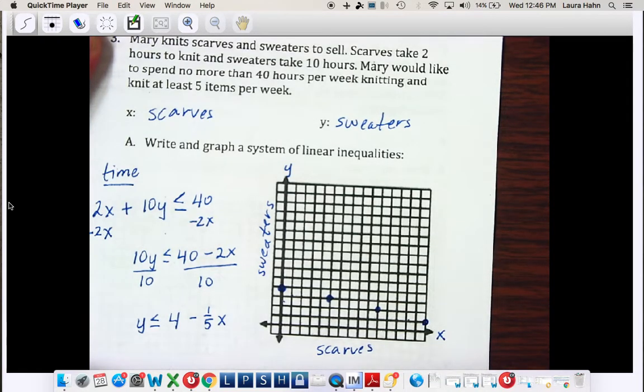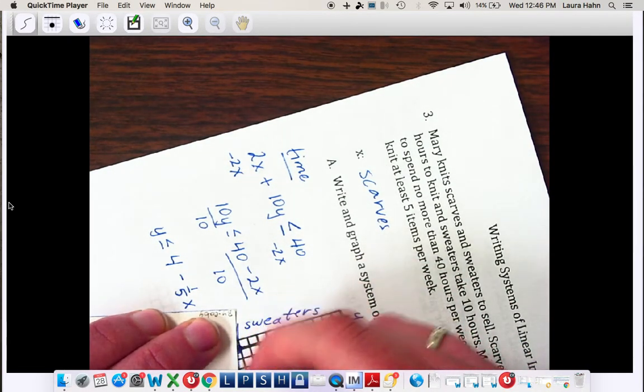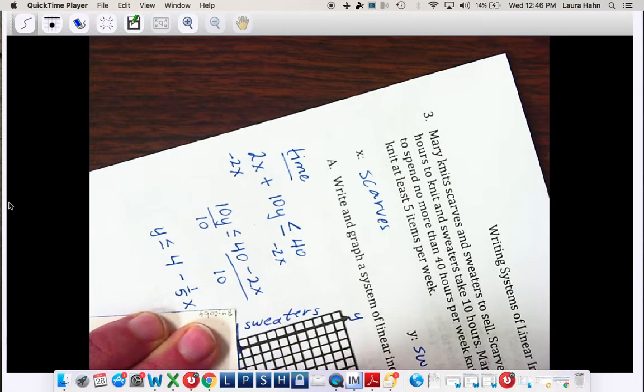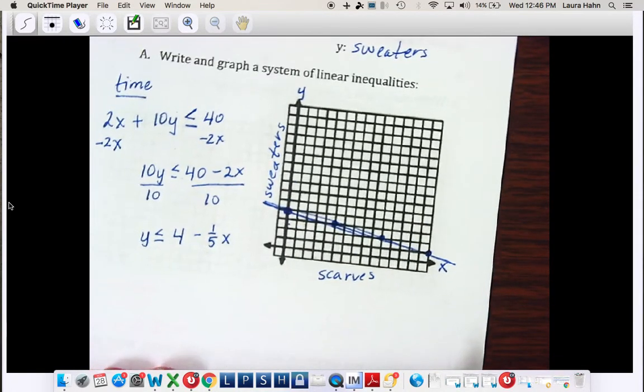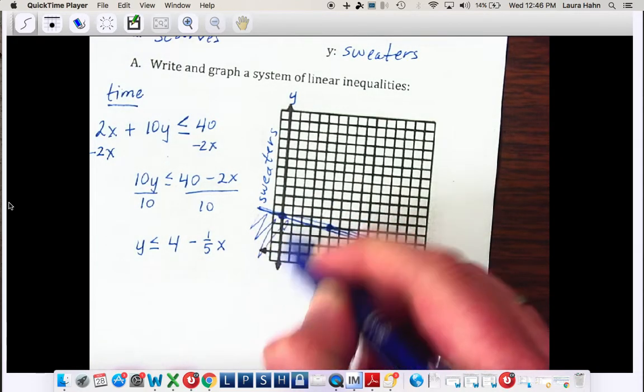There is an or equal underneath, so I'm going to connect these with a solid line. And this is a less than, so I know I need to lightly shade beneath.